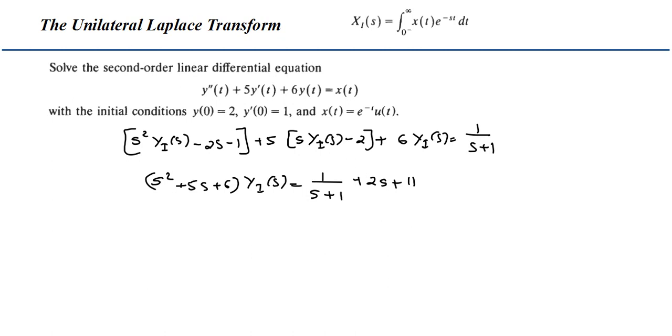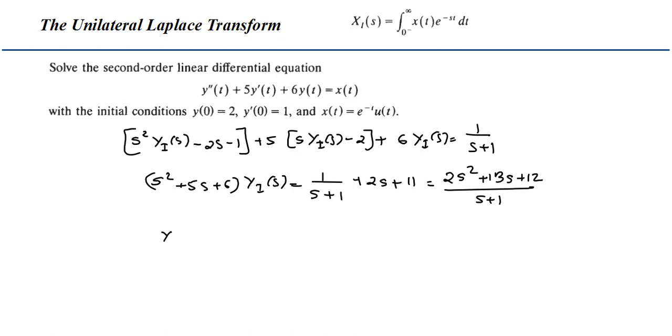Now if you simplify the right side and take the LCM, it becomes 2s square plus 13s plus 12 divided by s plus 1.